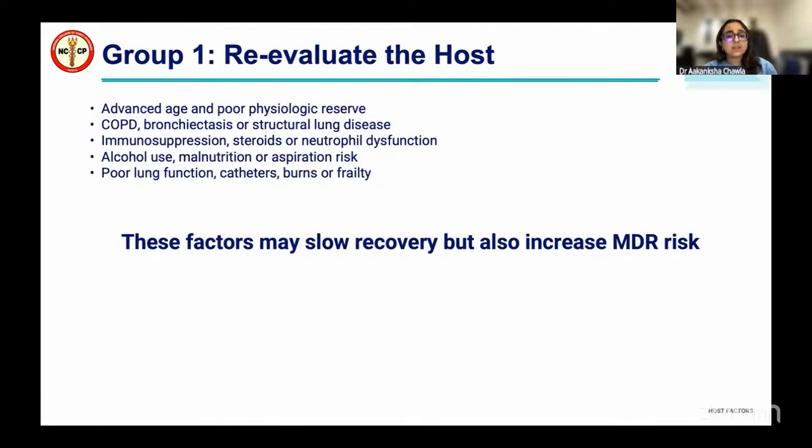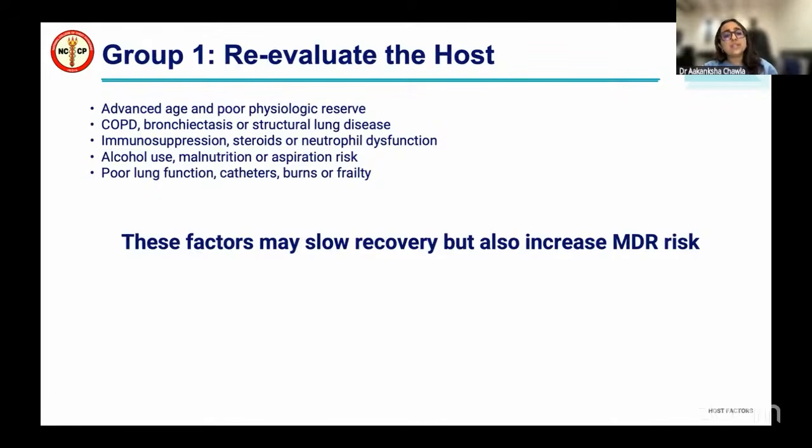What are these factors? Advanced age, poor physiological reserve, underlying severe COPD, structural lung disease, bronchiectasis, an immunosuppressed host, a patient on long-standing steroids, a history of alcohol use, malnourished, poor lung function, or a long-standing indwelling catheter.